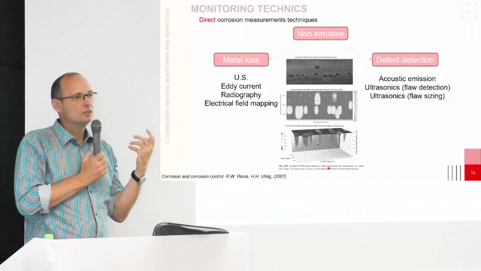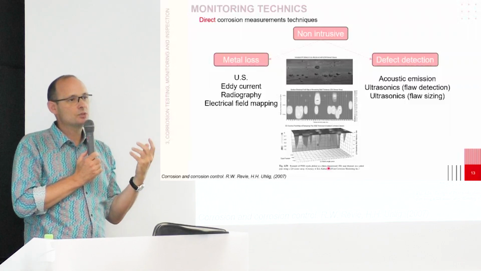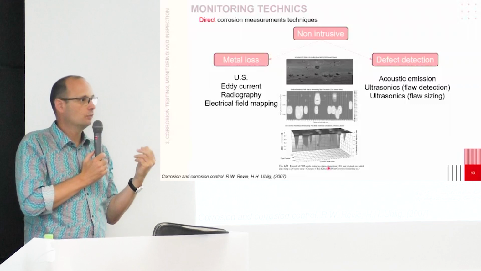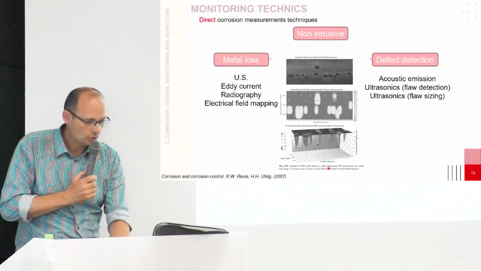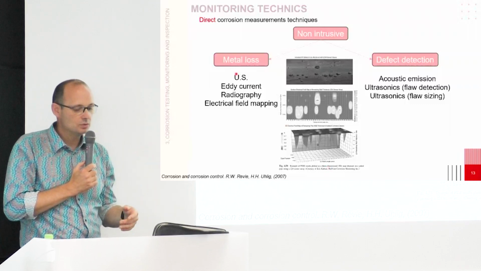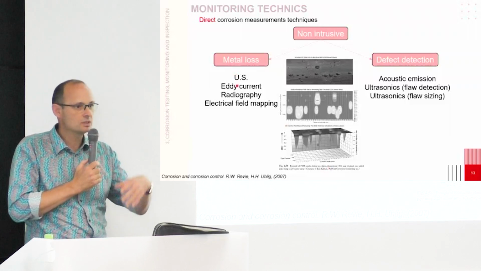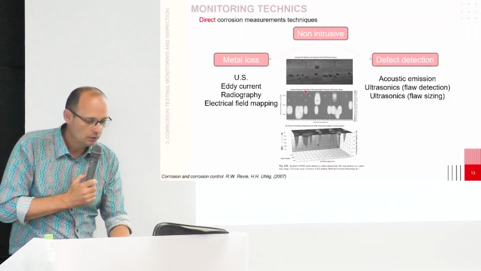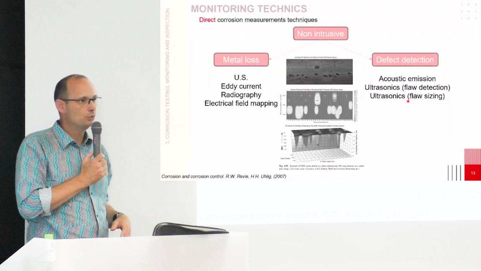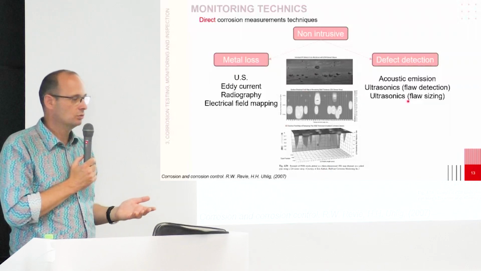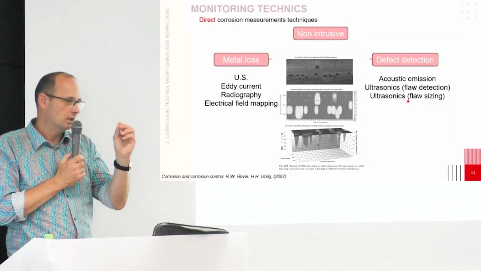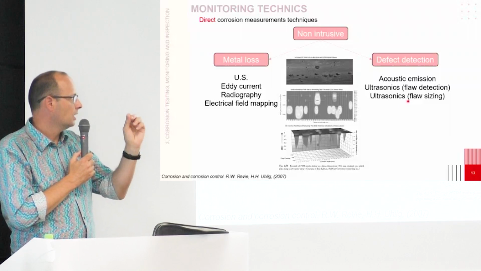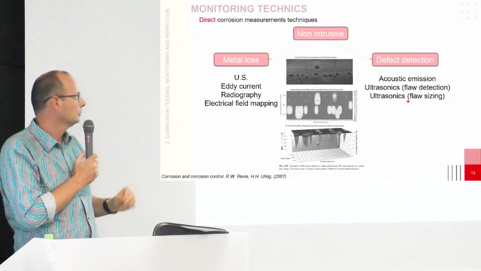We have seen that general corrosion is one of the most common cases that you can find in corrosion. So of course, metal loss using ultrasounds, eddy currents can be fine. But if you look at pitting, if you look at stress corrosion cracking, for example, those are very localized phenomena that start.